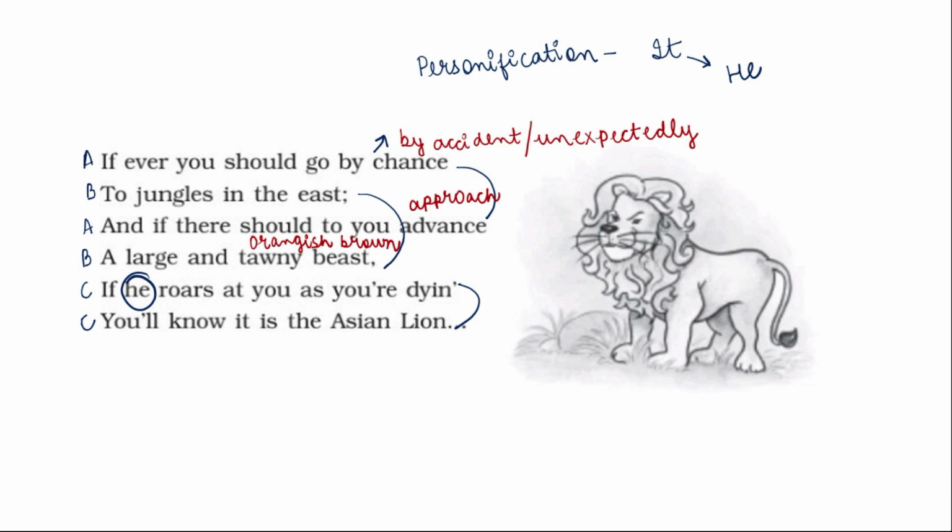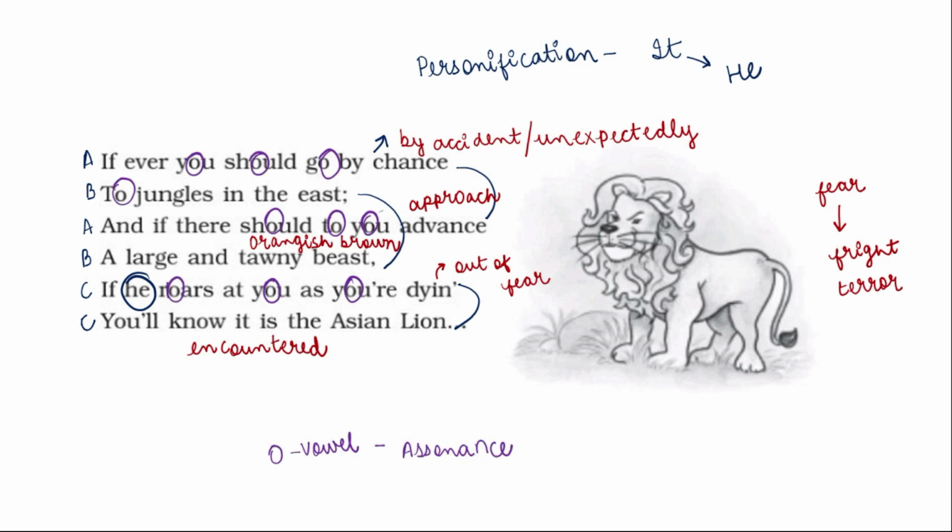So if you are dying out of fear because of the roar of an animal which is large and orangish brown that has approached you in the jungle, you will know that it is the Asian lion. Another 2 words that you can use instead of fear are fright or terror.